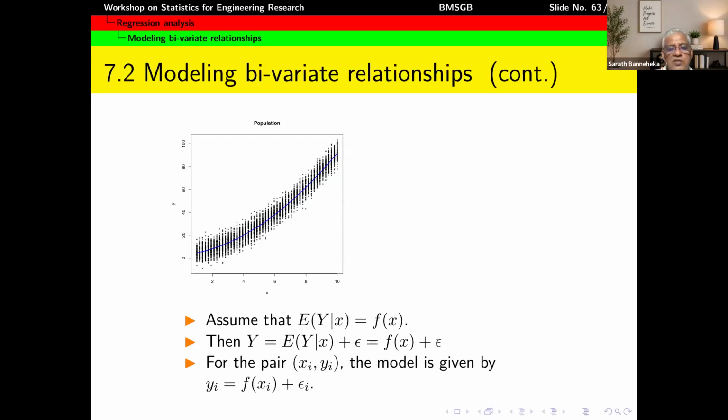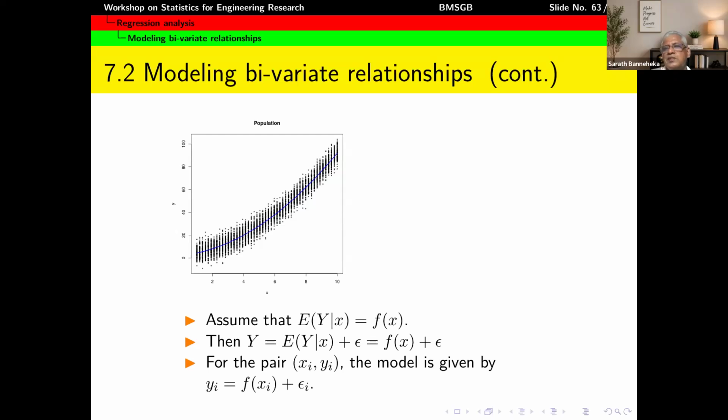But residual is yi minus yi hat, right? So yi minus yi hat is the residual. That means yi minus f(xi) hat. It is the residual. So residual and errors are two different things, but of course, we expect residuals to behave like errors.